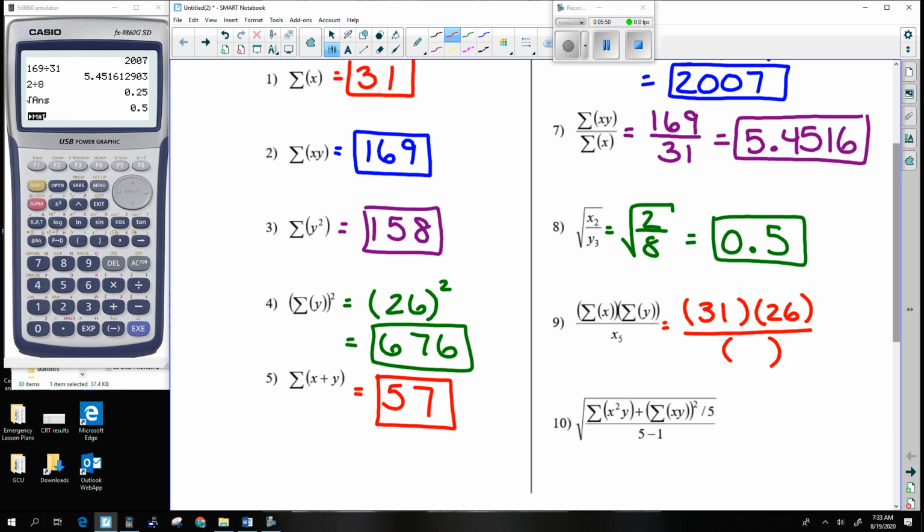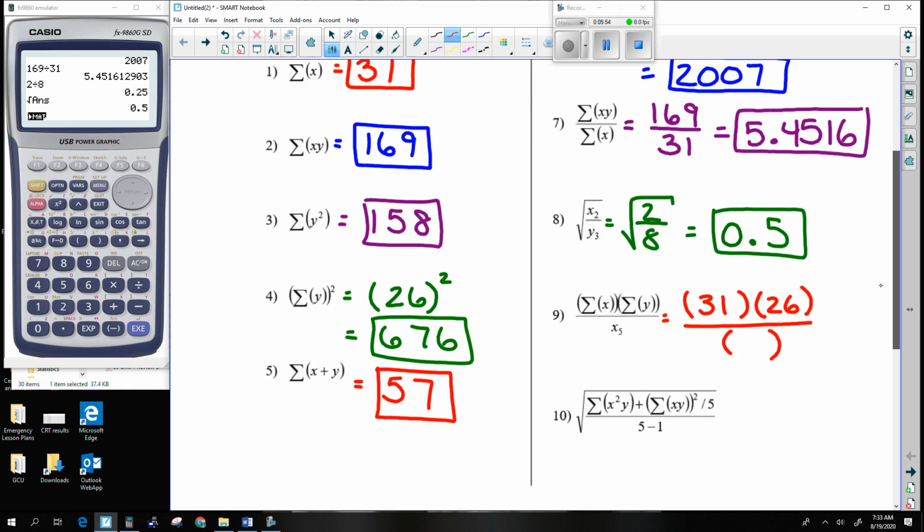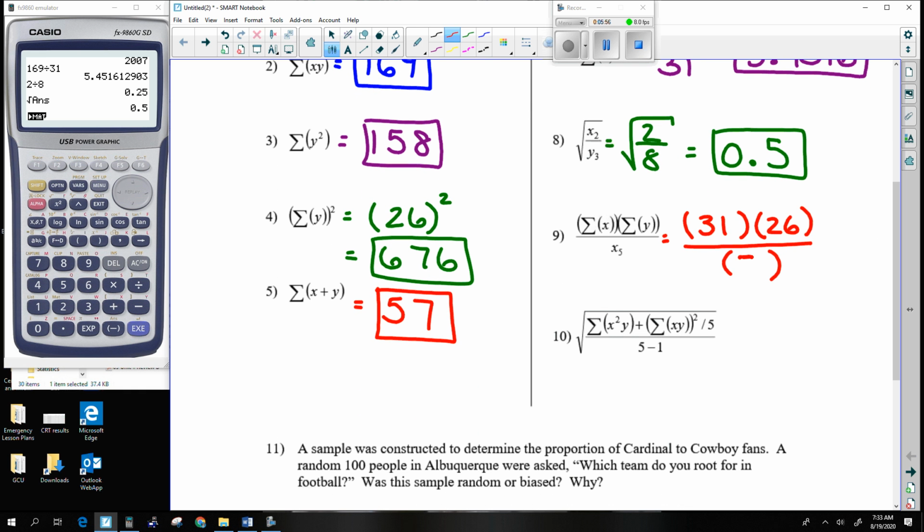Then x sub 5 is the 5th number of the x's, which is the number 5. So the numerator is 31 times 26, and I am dividing this by 5.